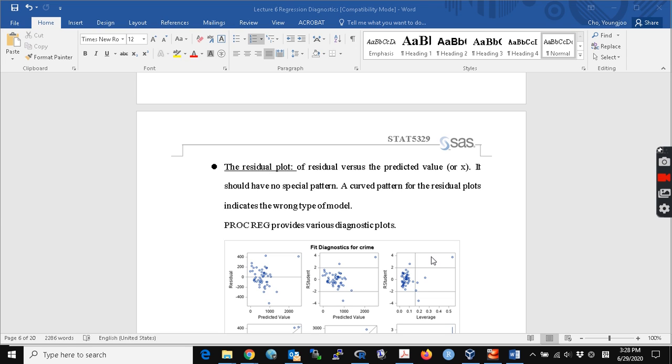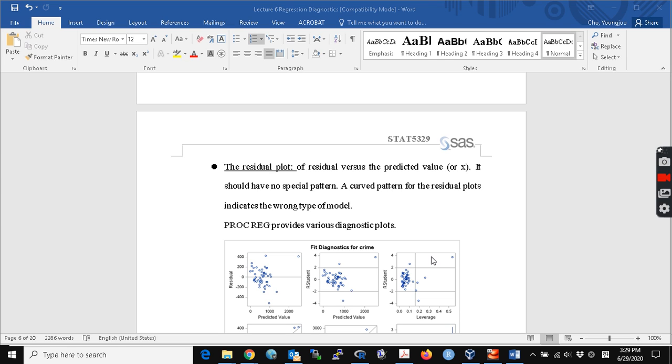In the residual plot, the residual is the leftover from the fitted model. So there should be no pattern between residuals and fitted values, or predicted values, because these two are independent of each other.